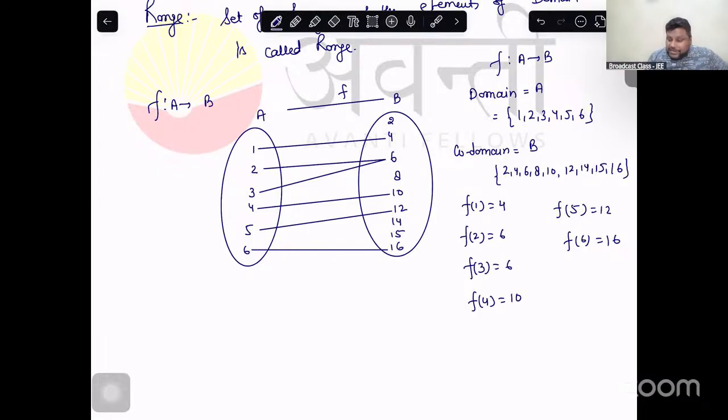This set of images is what we call the range set. So the range set is going to be 4, 6, 10, 12, 16. Am I clear? So this is what we call range set.